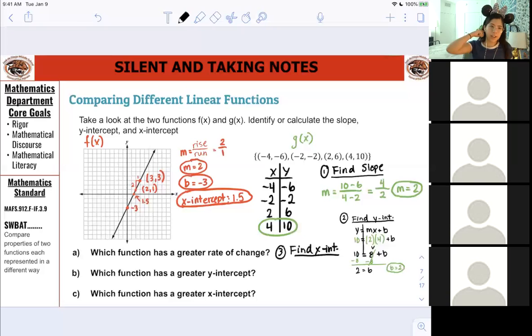What's the equation for this line? I know my slope. I know my y-intercept. What's my equation? Y equals 2x plus 2.